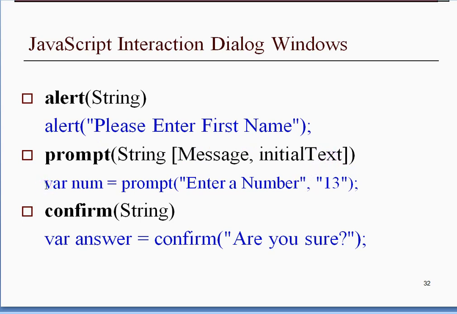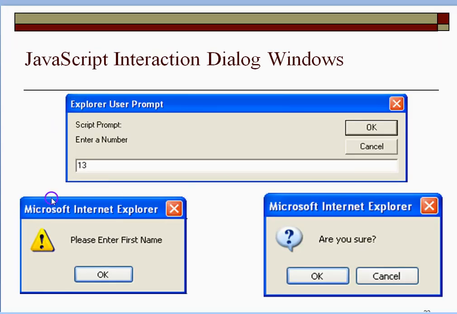For example, you can declare a variable number to be whatever you obtain after a prompt that is shown to the user with the message enter a number and an initial value of 13, which the user can accept or change before submitting. So what this will render will be this. This is a prompt. This is the message that was provided as argument. This is the initial value.